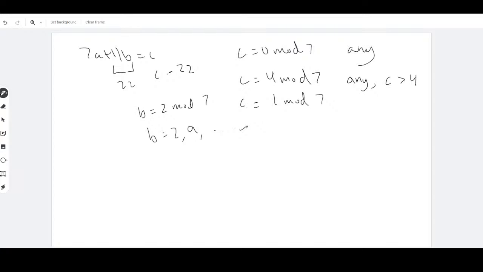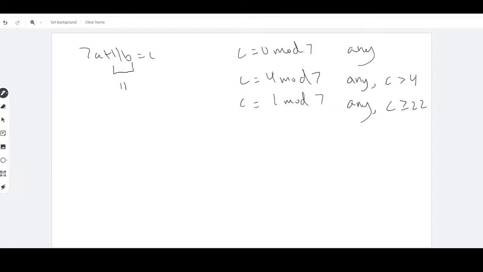We're also saying that C is 1 mod 7, and 22 is also 1 mod 7, so C minus 22 would always be 0 mod 7. And because it's also non-negative, we always have a solution for whatever corresponding A it corresponds to, right? So if C is 1 mod 7, we can get a solution as long as C is greater than or equal to 22.